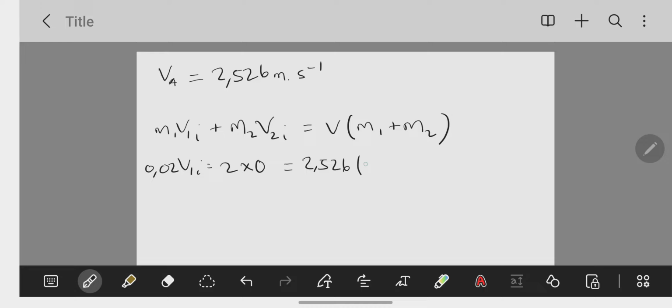And then this is 2 plus 0,02. So that becomes 0. Then I just find what this right hand side divided by 0,02 is.